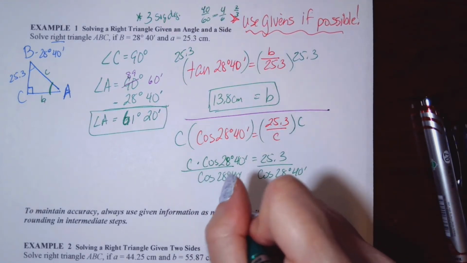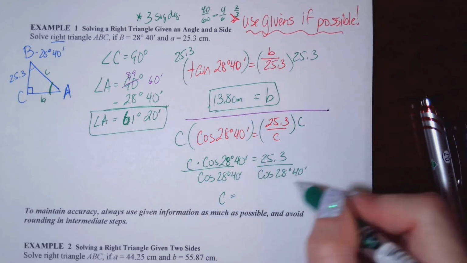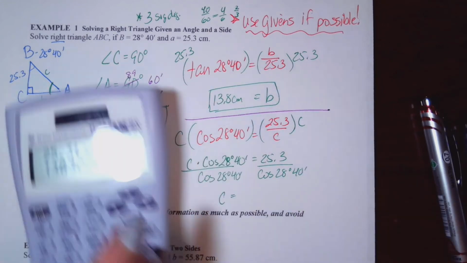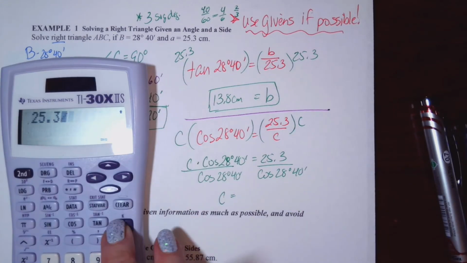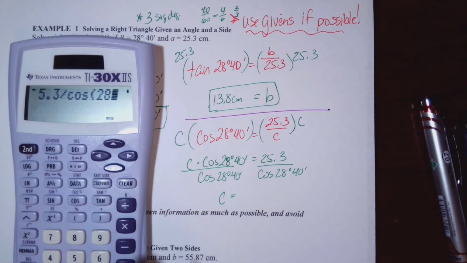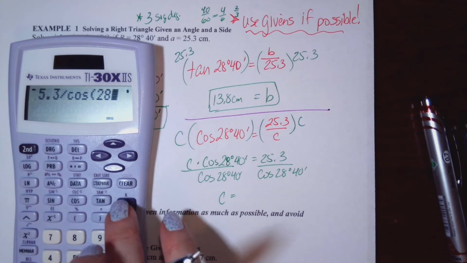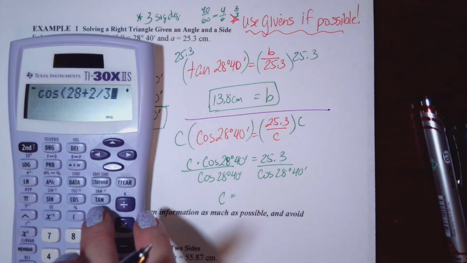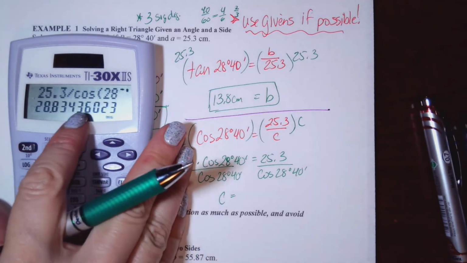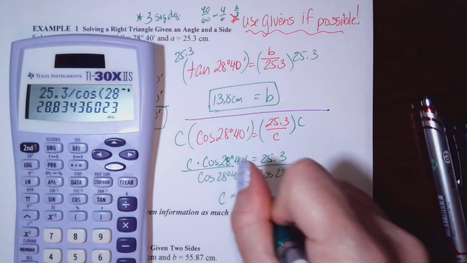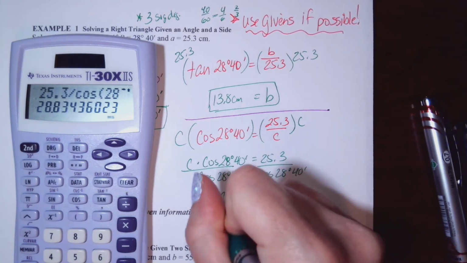So now I've set it up to solve for C, and this is what I'm plugging into my calculator. When you plug that into your calculator, 25.3 divided by cosine of 28, and remember that 40 minutes is 2/3, so 28 plus 2/3 of a degree, I get my side length for C. We're keeping 3 significant digits, so we've got 28.8 centimeters.